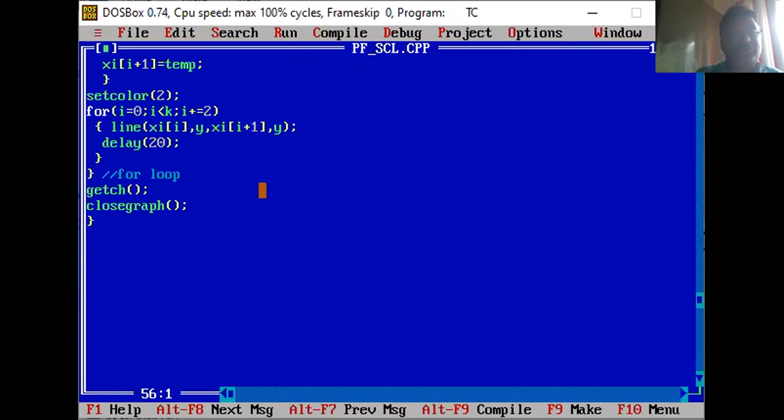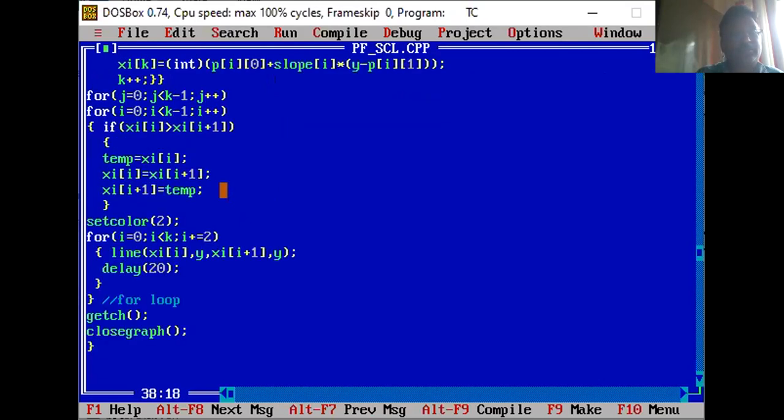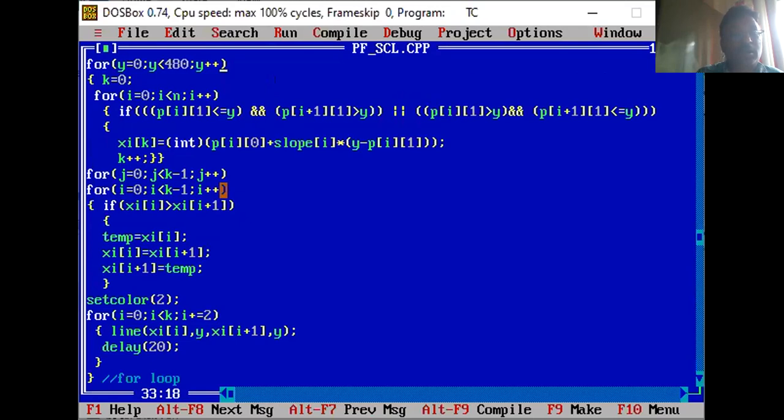Means we need to check again the brackets. Sorry. So I think you have to complete this bracket over here only.